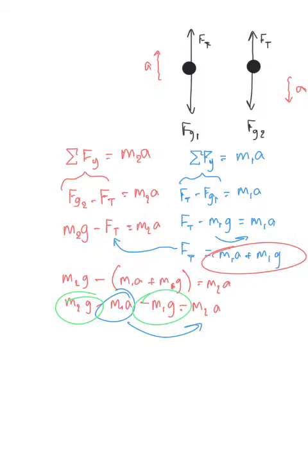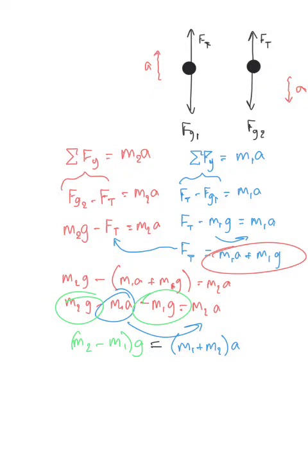So that leaves me with m2 minus m1 in parentheses with the g, that's these two terms circled in green with the g factored out, is equal to, on the other side of the equation, m1 plus m2 times a. That is this term brought to the other side and made positive with the a factored out, so we have m1 plus the m2 left.